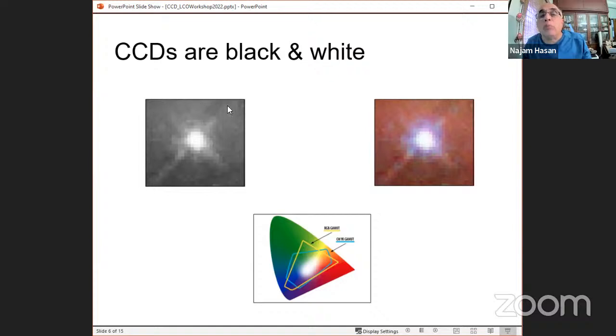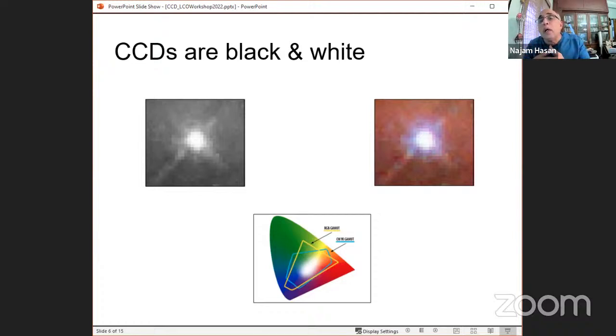CCDs just record numbers. And when you construct an image from that, you get essentially black and white ones. But if you take images in more than one filter, then you can combine them as RGB and construct colored images. So you are taking an image of an object through, say, a red filter. It lets in only the red wavelength. And when you remove the red and put in the blue filter, it will let the blue come in.